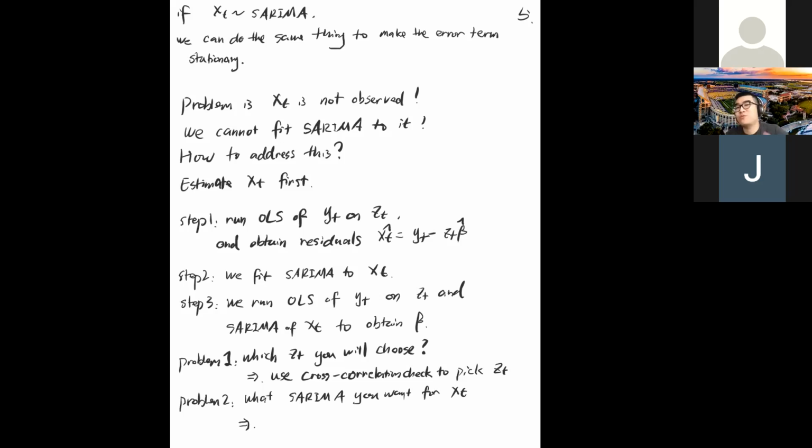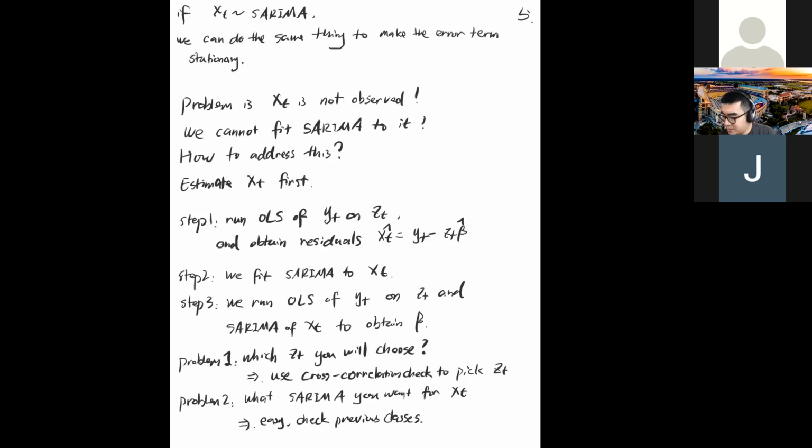We spent pretty much all the previous classes talking about how to fit an S-ARIMA model to a time series. So the solution is easy: check previous class. I also have the detailed steps later in the R code. We will do the coefficient check, the residual plots check, and the AIC, BIC check to find the best ARIMA model for xt. Okay, so problem 1 and problem 2 are not big deals. We know how to address those.